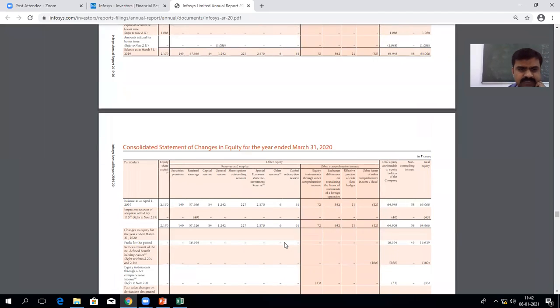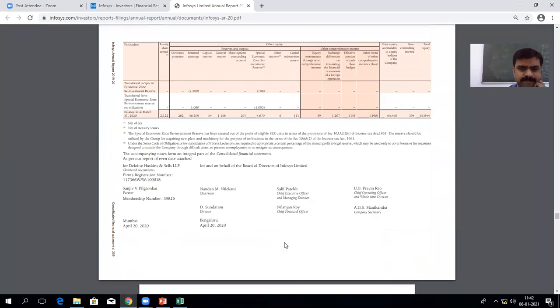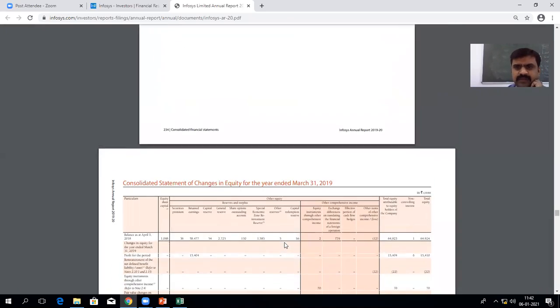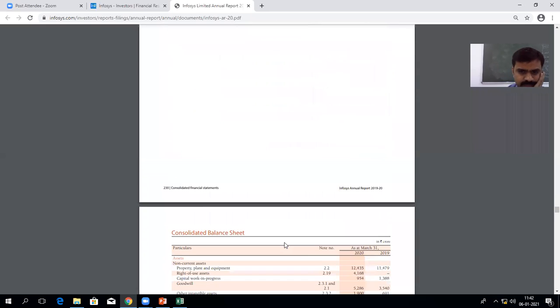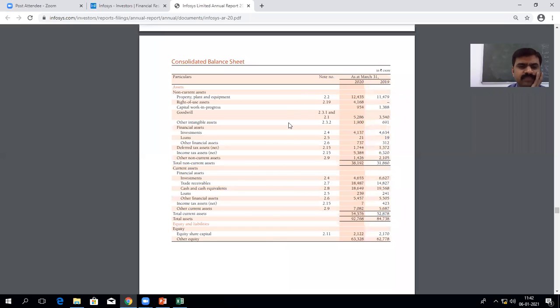Let me show you the balance sheet of Infosys company. Normally they put the balance sheet first. Can you see the balance sheet now of Infosys company? Are you able to see? Yes, sir. You can see the total assets of Infosys last year and this year.